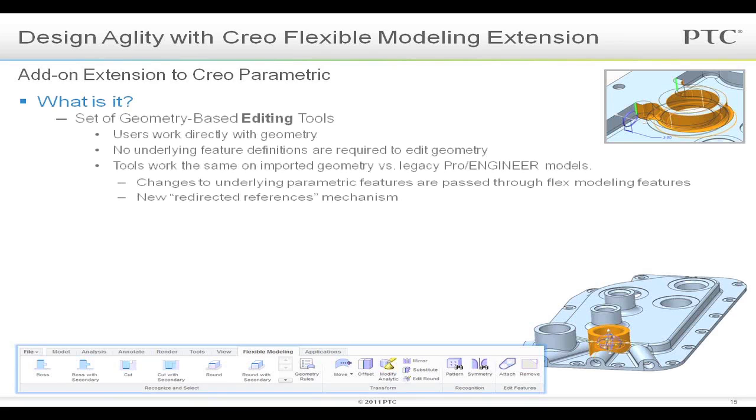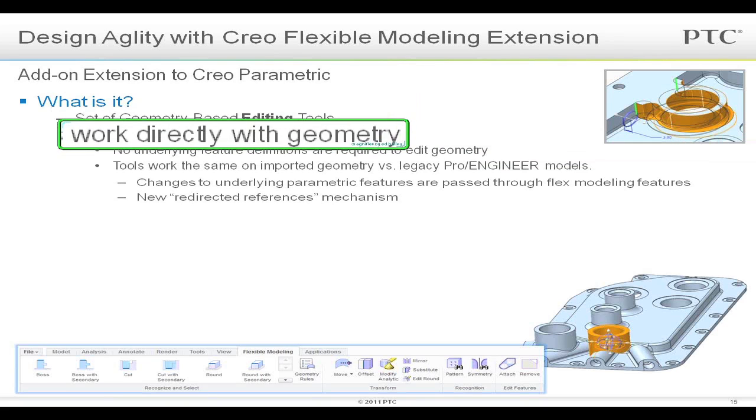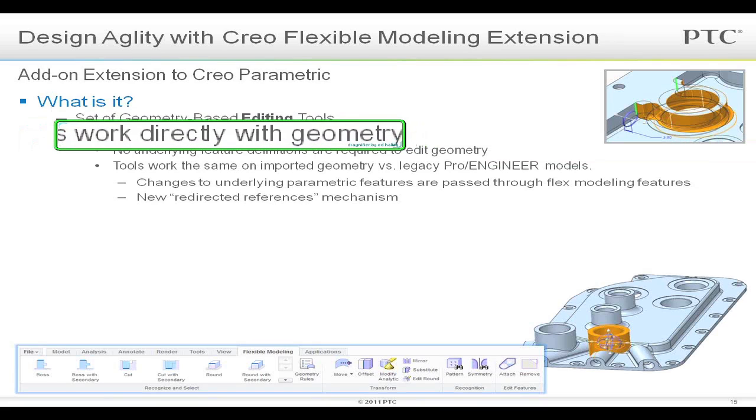Now, what is it? It's a set of editing tools. You can't create geometry using flexible modeling, but you can edit existing geometry. But you work directly on that geometry. It's not a tool in which we lay down concepts such as variable section sweeps or swept blends.